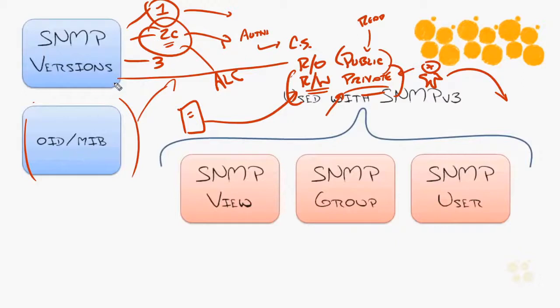Now, SNMP version 3 was all about increasing the security. So they created SNMP views, groups, and users. Again, this is just conceptual. Let me just give you the high level view. The view is exactly what it sounds like. Think of one of those view finders. You guys remember that? Maybe I'm too old.